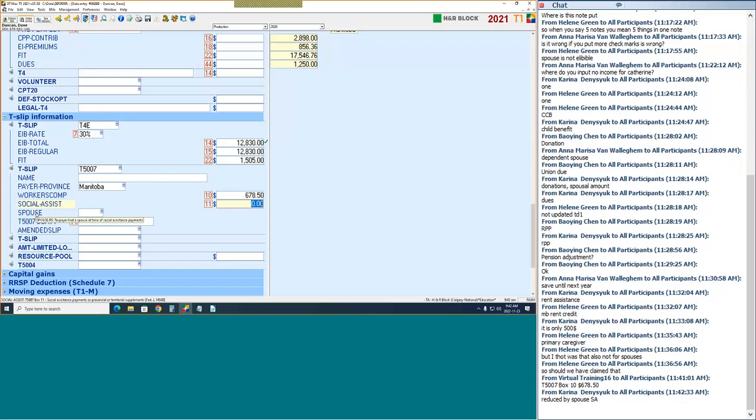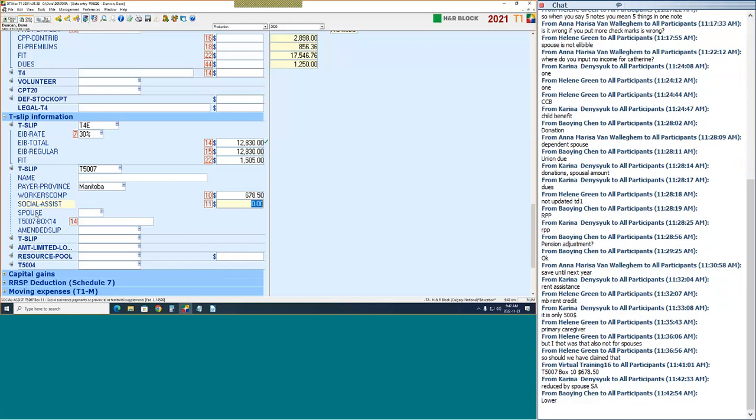So if we have two spouses and one person has received social assistance, whose tax return is the social assistance reported on? The higher income or the lower income spouse? All of these little details that are impossible to remember, but you have to think about them, it's the higher income spouse. Social assistance has to be reported by the higher income spouse.